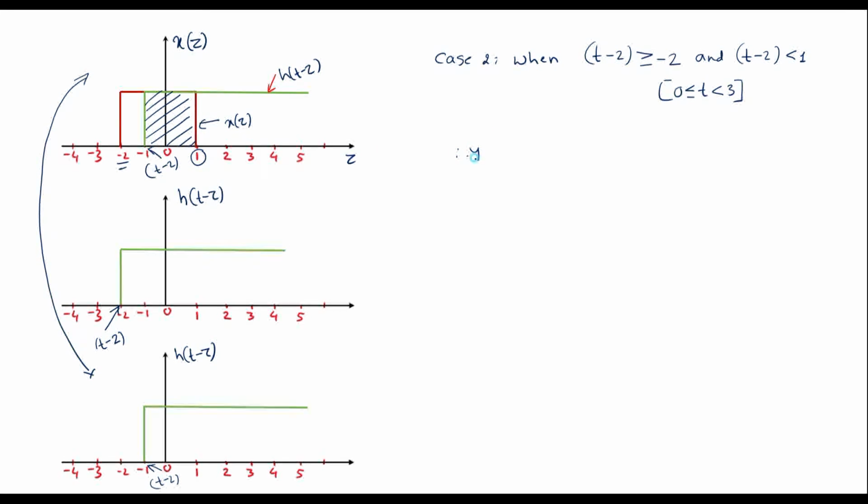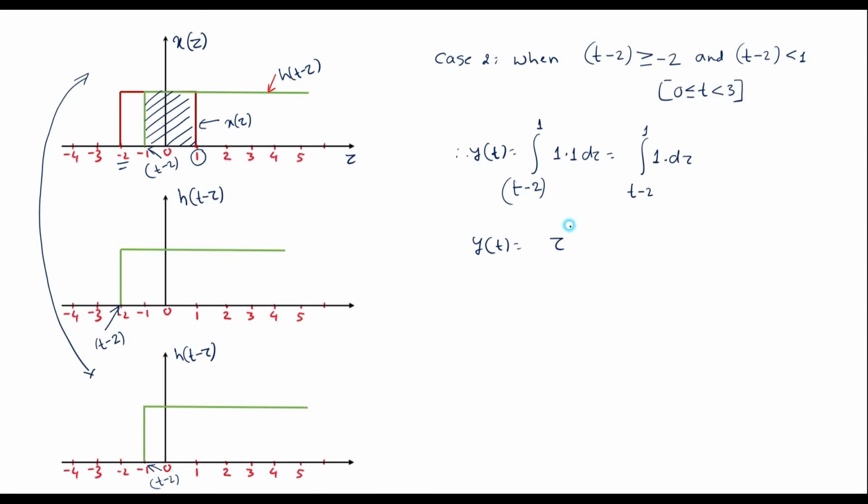Therefore, we can find y of t is equal to the integration, lower limit is t minus 2 and the upper limit is 1. X of tau value is 1. H of t minus tau is also 1. D tau, which is nothing but t minus 2 to 1, 1 into 1 is 1 d tau. The integration of 1 is tau.